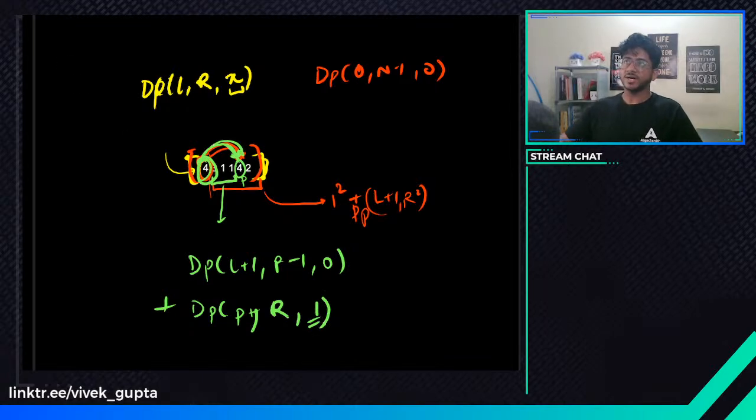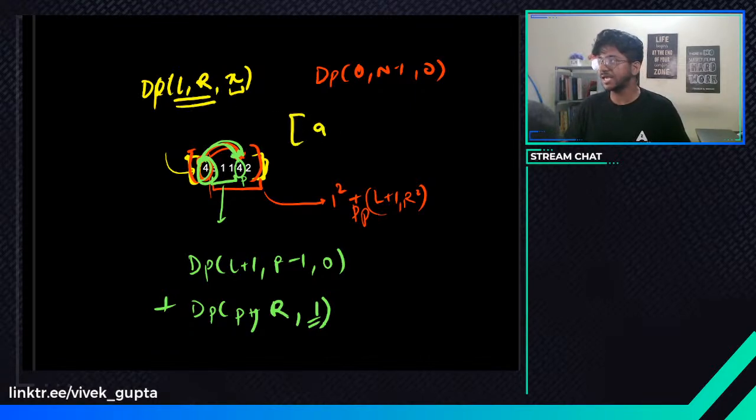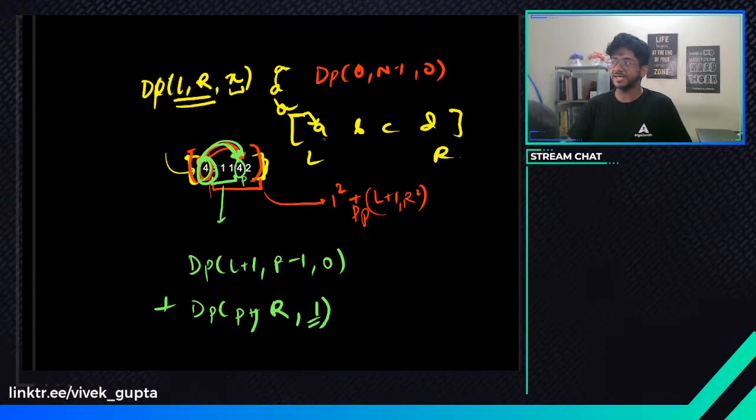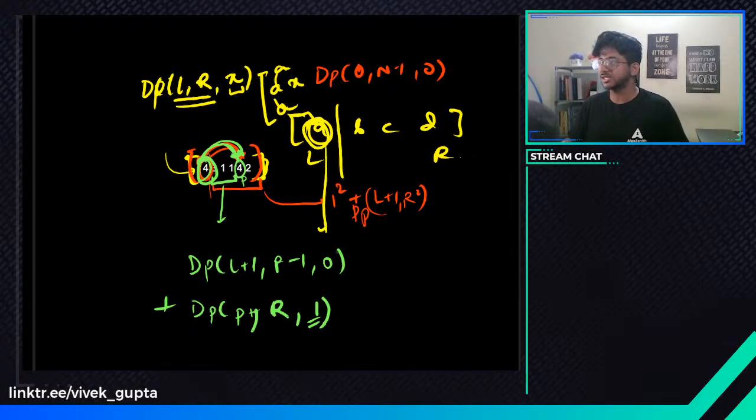What this is saying is that you have to delete L to R. Let's say some A, B, C, D is there. You have to delete from L to R, but there are a bunch of extra A's latching onto this particular thing, which we have decided will get deleted with this A as well. If you now delete just this single A, you have X extra A's, so you will get X plus 1 whole square reward.